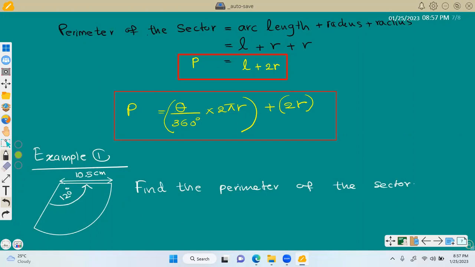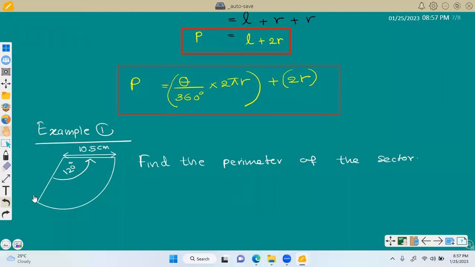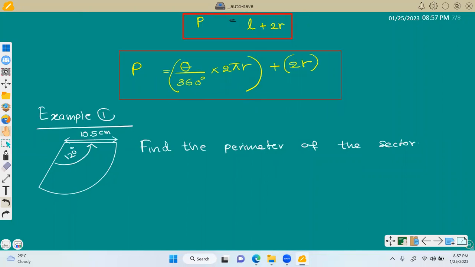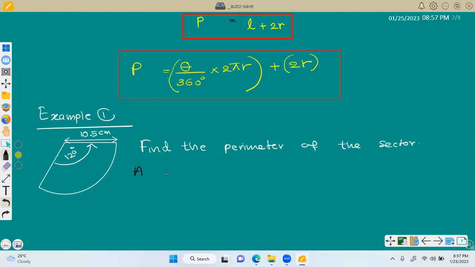Okay, when you finish the writing, you can try to find the perimeter of the sector. Now, when we find the perimeter of the sector, actually, it is better to find the arc length first. Okay, arc length. How do we find the arc length of this sector now? It is theta upon 360 multiplied by 2πr.